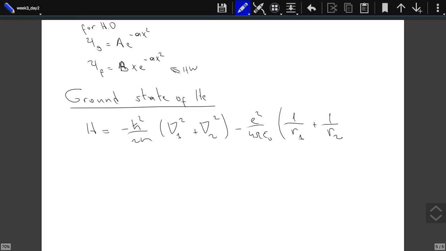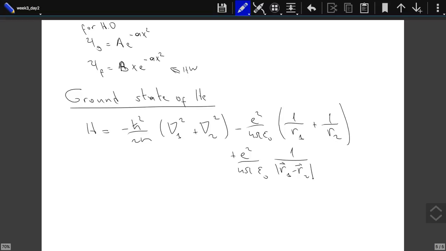These are the positions of the first and the second electron. And there is also the interaction between the 2 electrons, plus e squared over 4 pi epsilon 0, 1 over |R1 minus R2|.